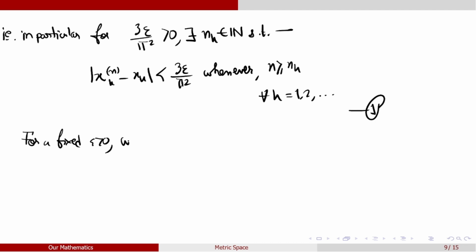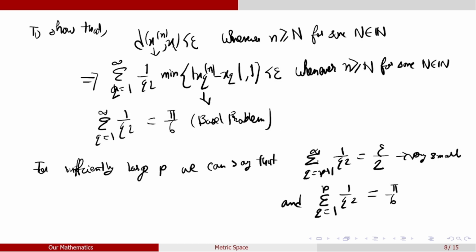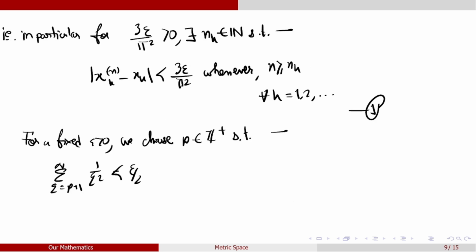Now for a fixed epsilon greater than 0, we choose p in N such that the summation over q equal to p plus 1 to infinity of 1 by q square is less than epsilon by 2, and before that the summation is equal to pi square by 6.